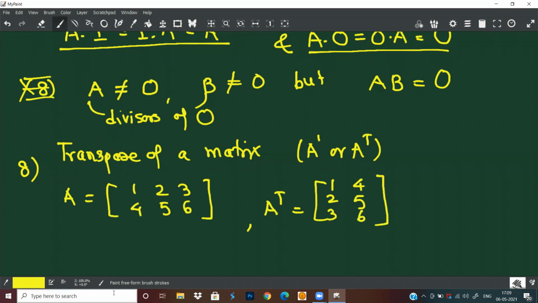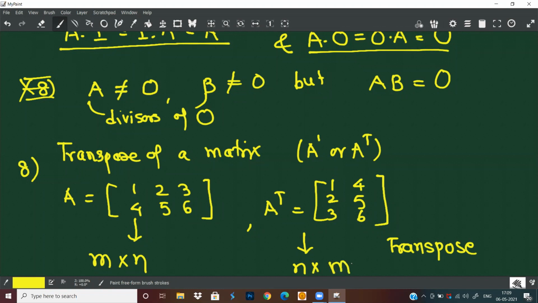All right. So if A has order m by n, इसका order रहेगा n by m.